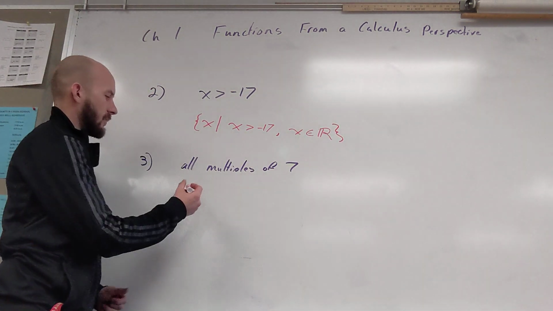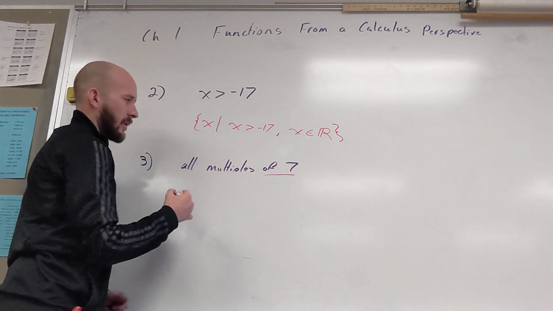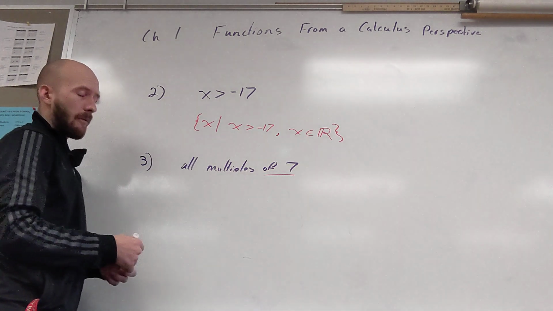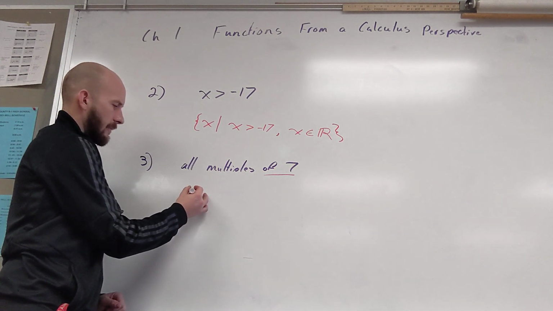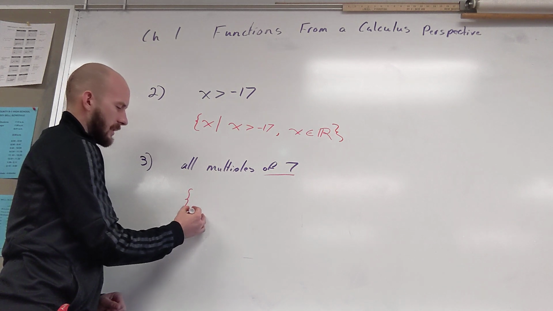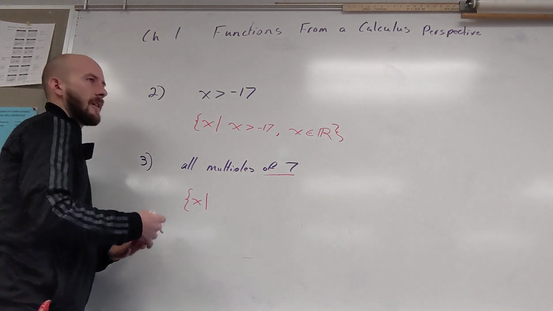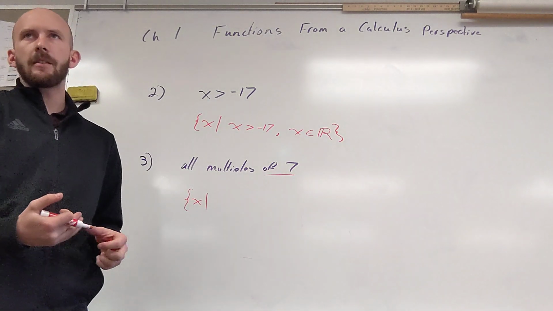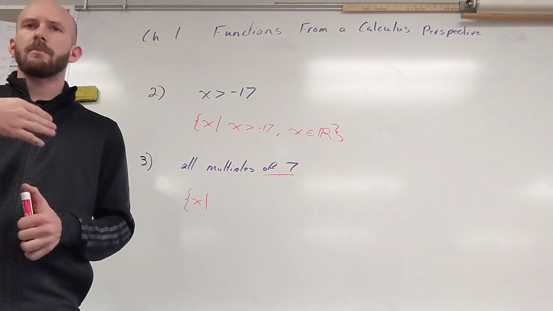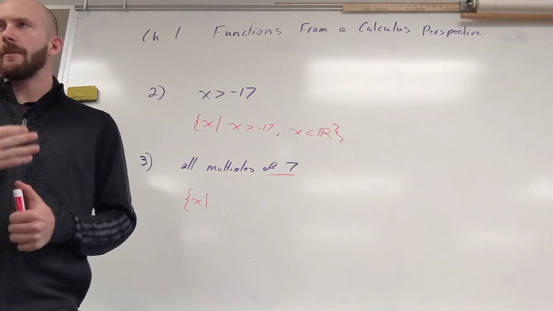Okay. So this is actually something that we do a lot in math with set builder notation. So it is the set of all x such that, and then we need to write something that's going to define this as being a multiple of 7.